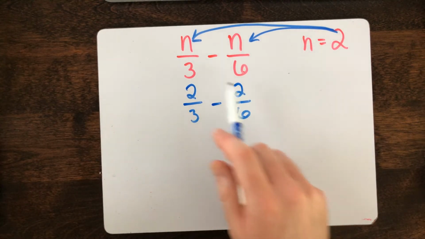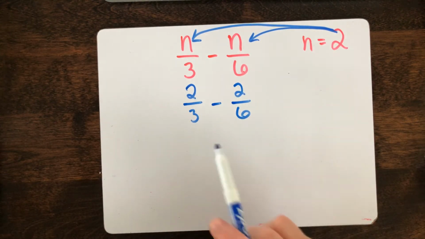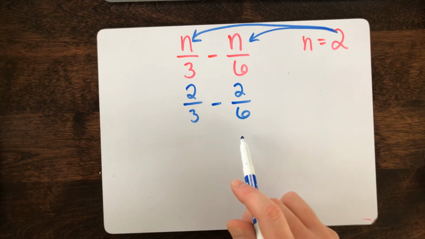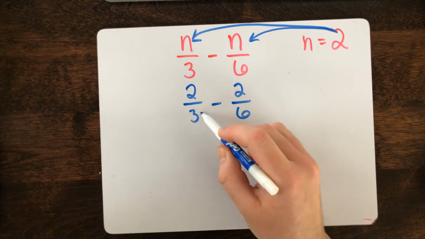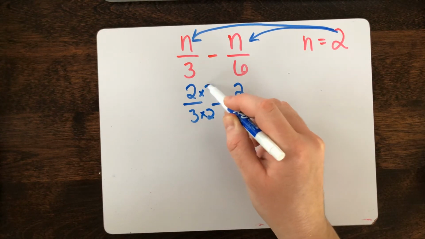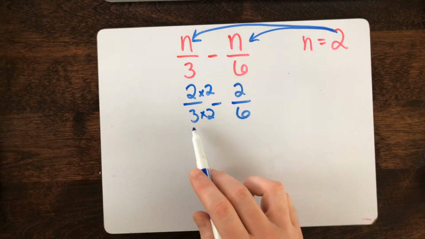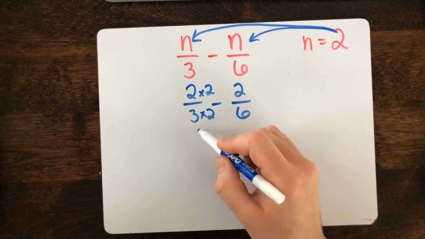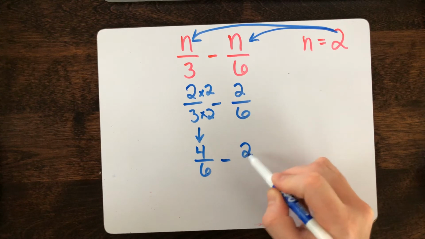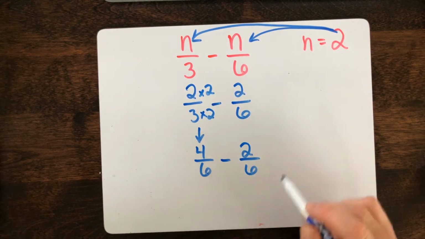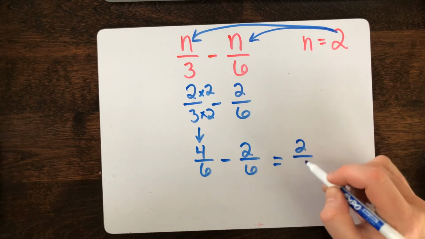Now we cannot do anything just yet because they don't have common denominators. So a common denominator of 3 and 6 is 6. So multiply top and bottom by 2 to get this denominator into a 6, and you end up getting 4/6 minus 2/6. And you subtract and you get 2/6.